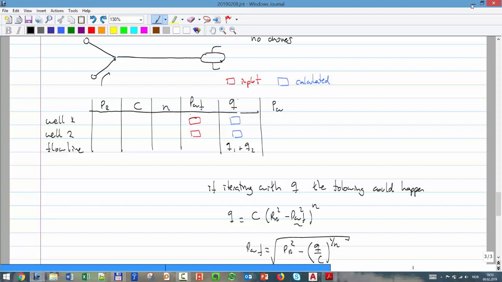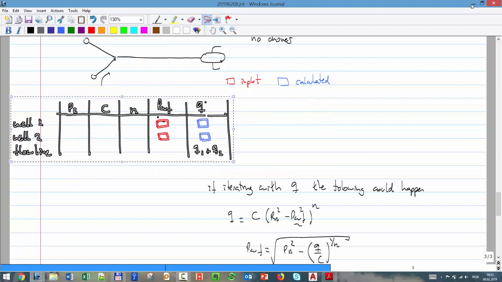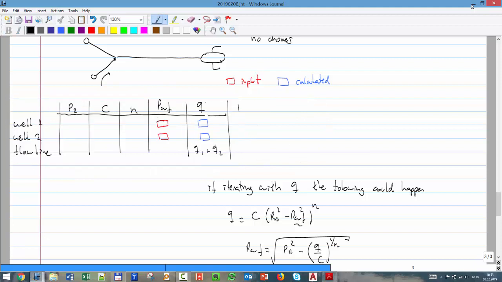For the wellhead, let me make more space to the left. I need the C_T and S first. Then I have the bottom hole pressure, I have the C and the S, and then I can calculate PWH.